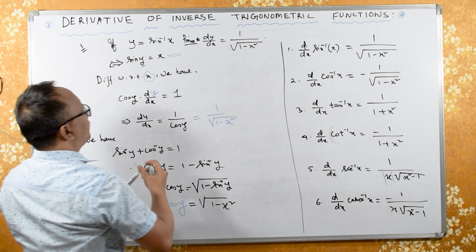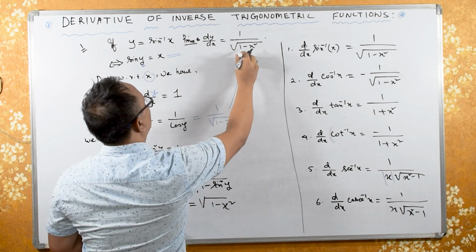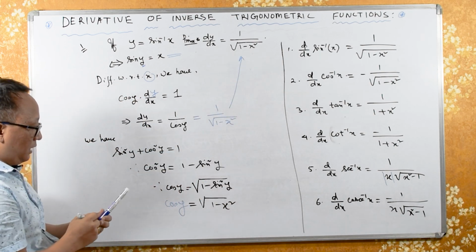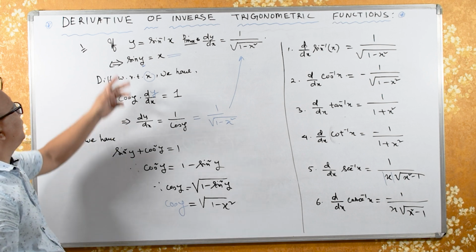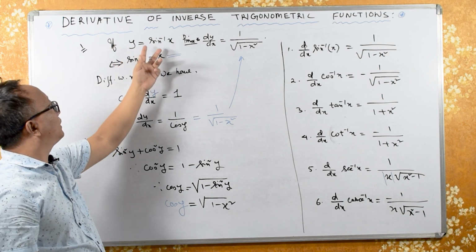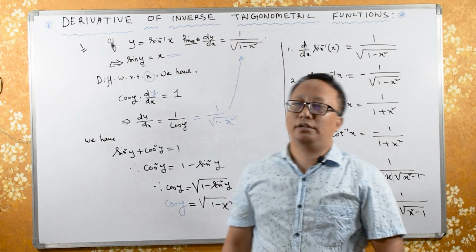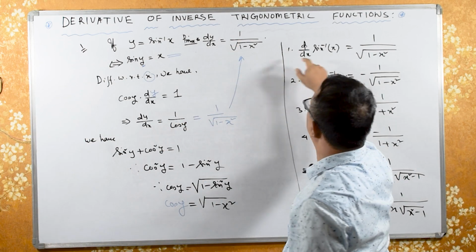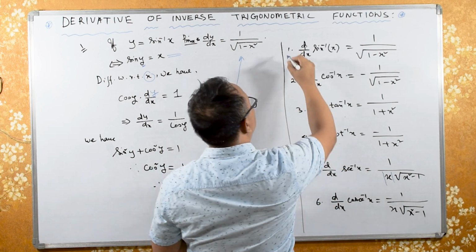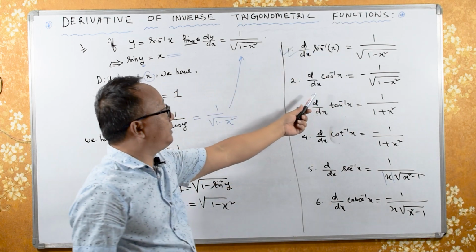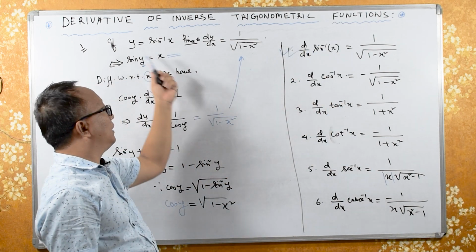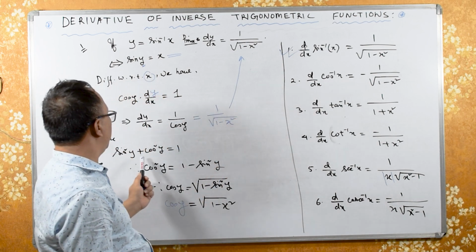Now if y equals sine inverse x, then dy by dx is 1 upon square root of 1 minus x square. This is proven. Similarly, take y equals cos inverse x and differentiate using this property.